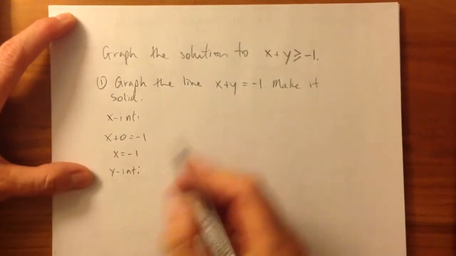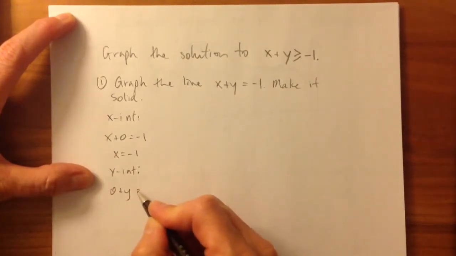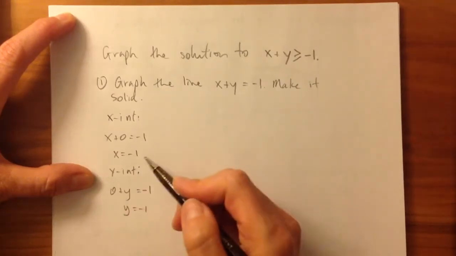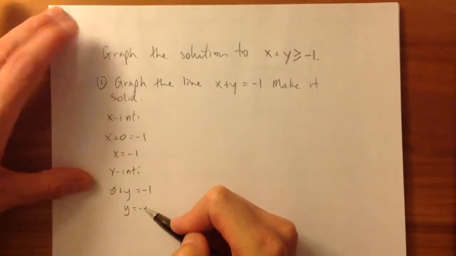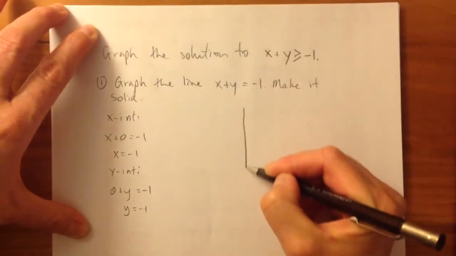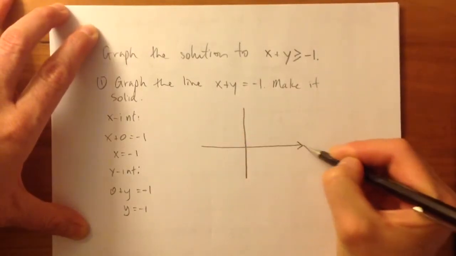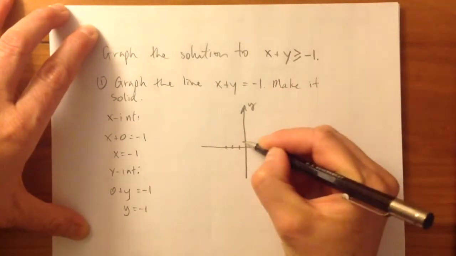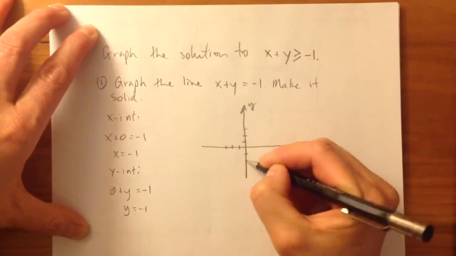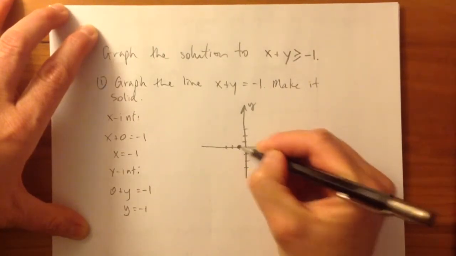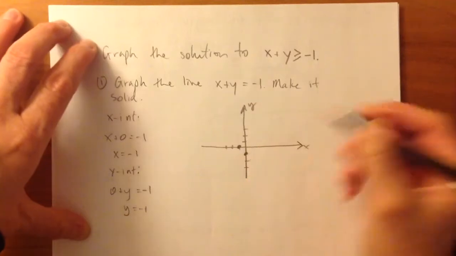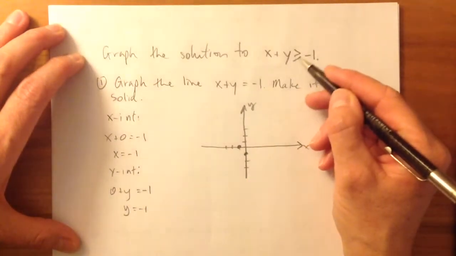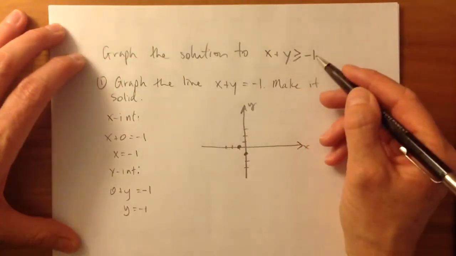So we get 0 plus y equals -1, so y equals -1. So our x-intercept is -1, our y-intercept is also -1. Again, I'm going to draw a solid line this time because this inequality allows for equality of x plus y and -1.